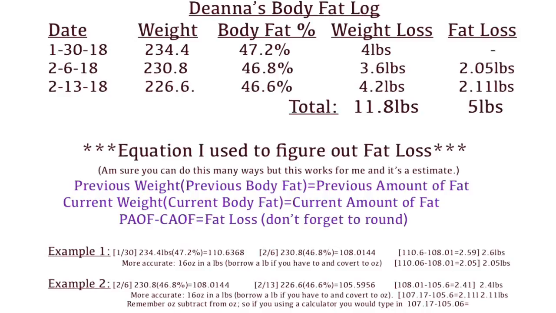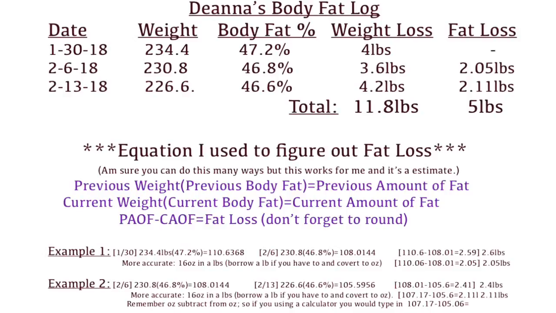I rounded that at the 6 because you can't have 110.63, because there's only 16 ounces in a pound. So then I rounded it there at 110.6.